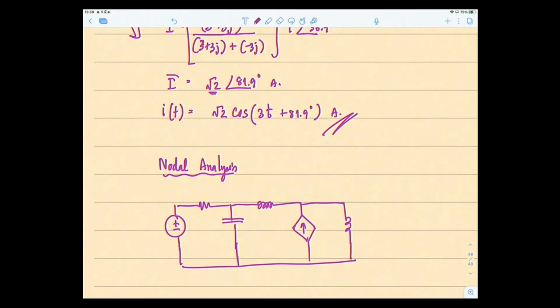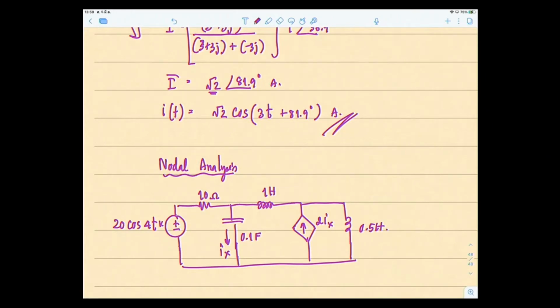So in this case, we have a voltage source 40 volt. We have 10 ohms. We have 0.1 farad, 1 Henry, 0.5 Henry, and 2 Ix. And Ix is right here. Ix is the current passing through this capacitor, 0.1 farad.